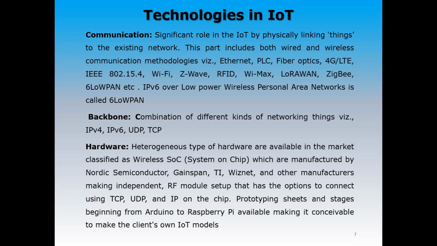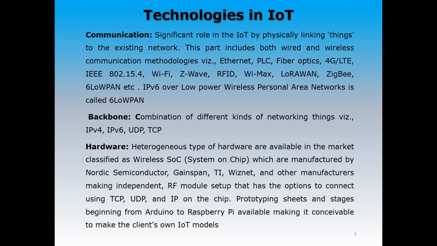Then hardware. These hardware devices, like embedded systems, have been operating for quite some time. But today's hardware devices come with system on chip, meaning they are embedded with wireless capabilities, because nowadays an embedded system is not a separate thing; it has become a part of IoT.